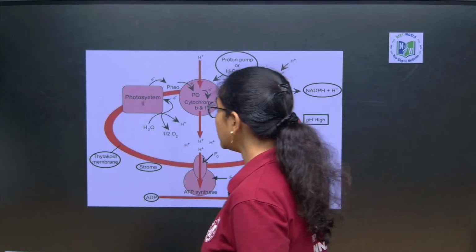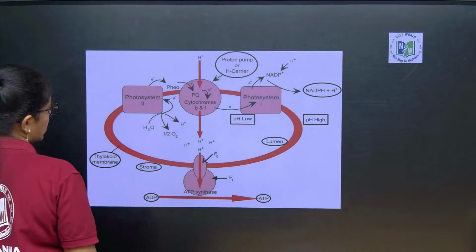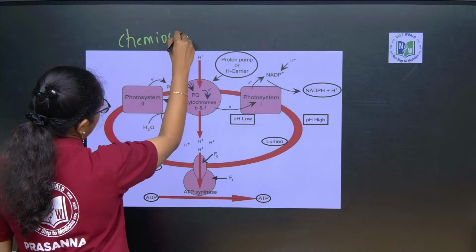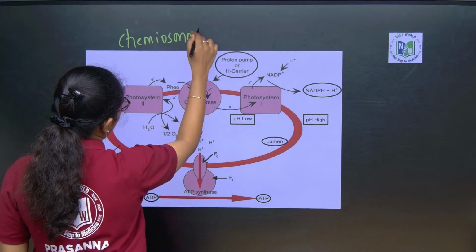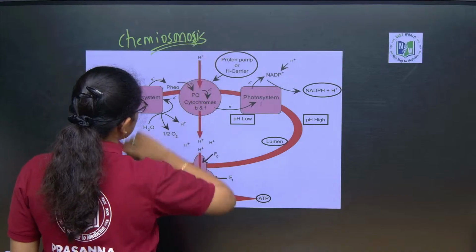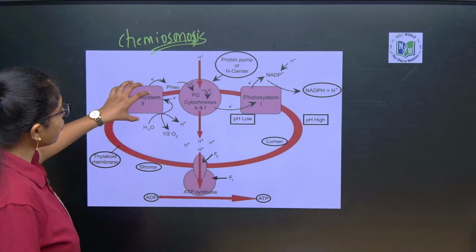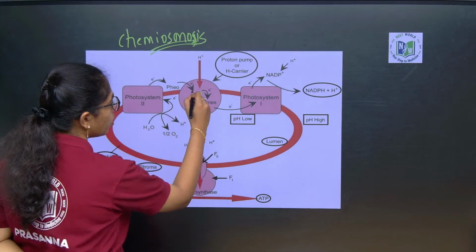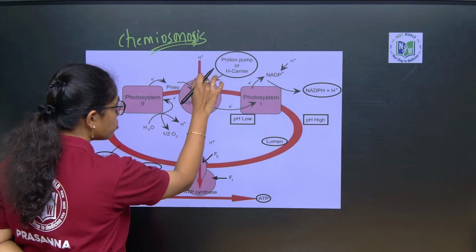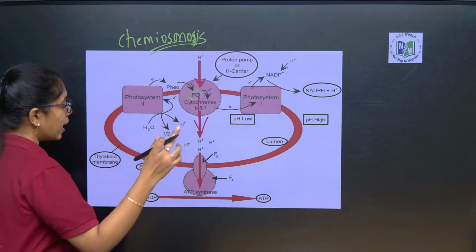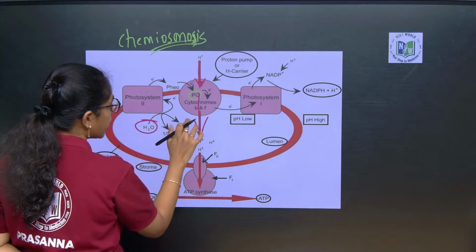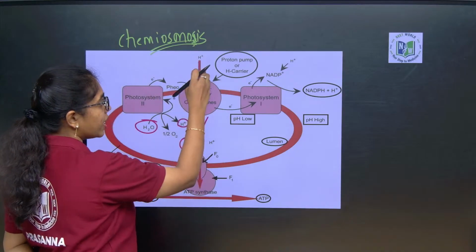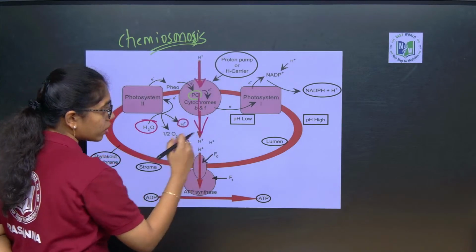Fine. And then the chemiosmotic hypothesis diagram, so much important, chemiosmosis in this diagram. So, here from photosystem 2, after pheophytin, from plastoquinone, 2 protons are coming from stroma to the lumen. Initially by photolysis of water, proton accumulation is already present inside the lumen, and during this Z scheme from PQ again protons are entering from stroma to lumen.